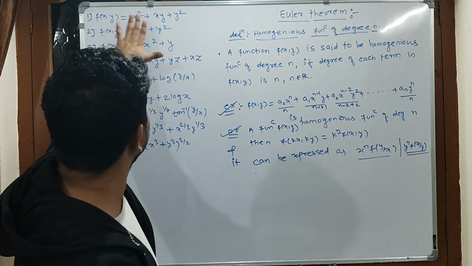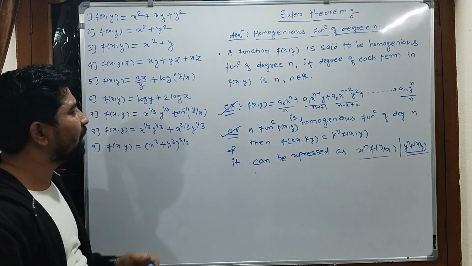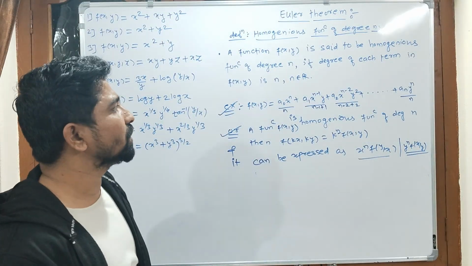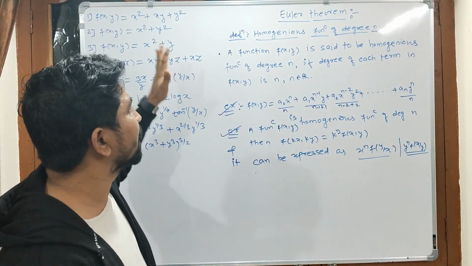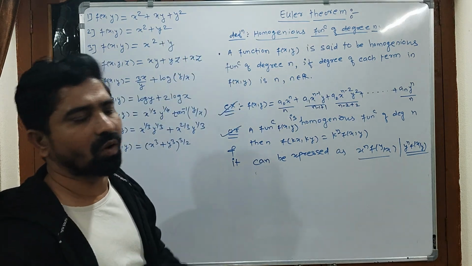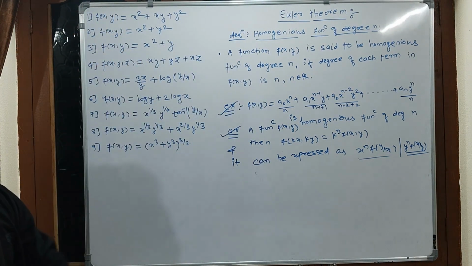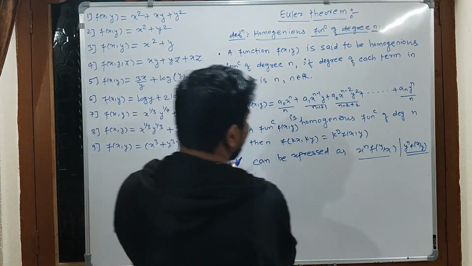Now I will discuss an example and check whether the given function is a homogeneous function of degree n, or whatever the degree is, 2, 3, 4, or not. I will check whether the given functions are homogeneous or not with respect to this condition.